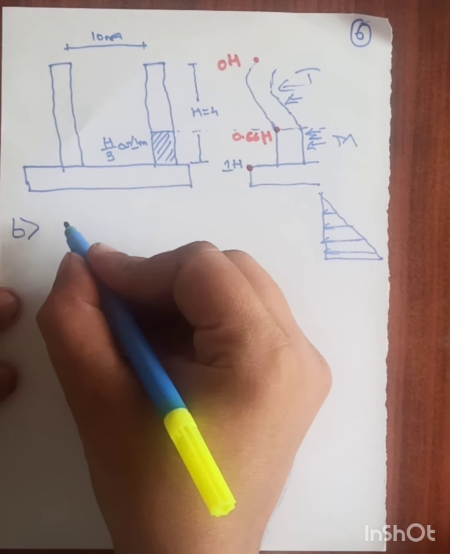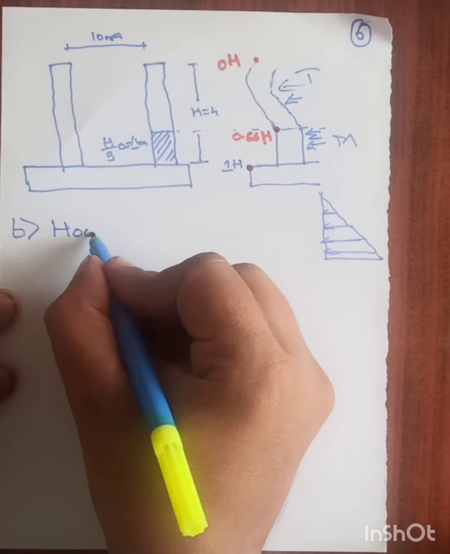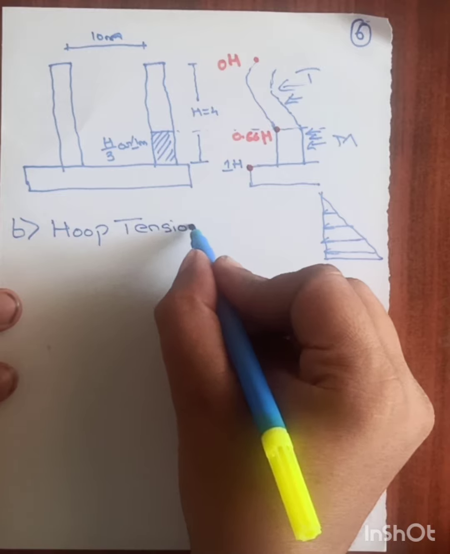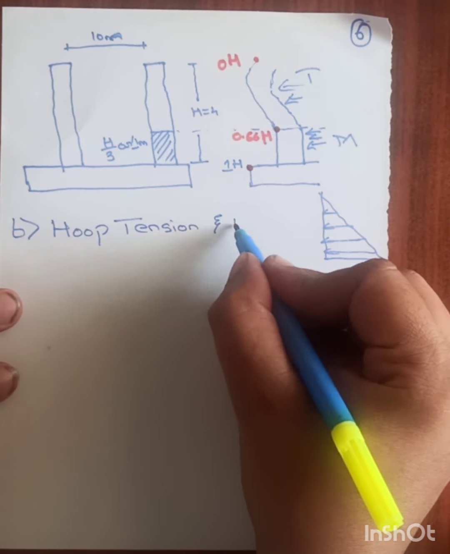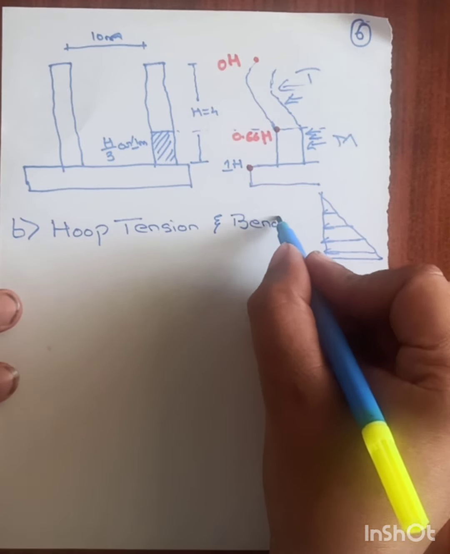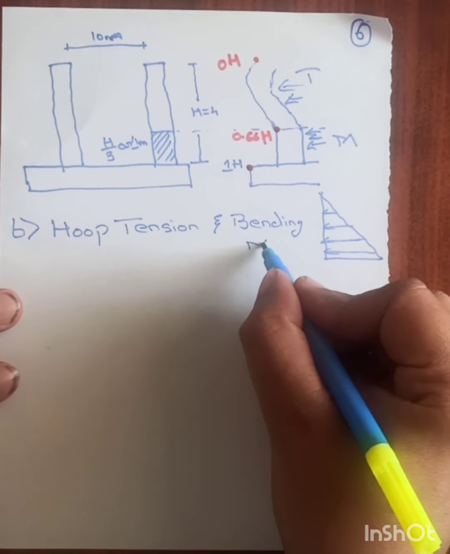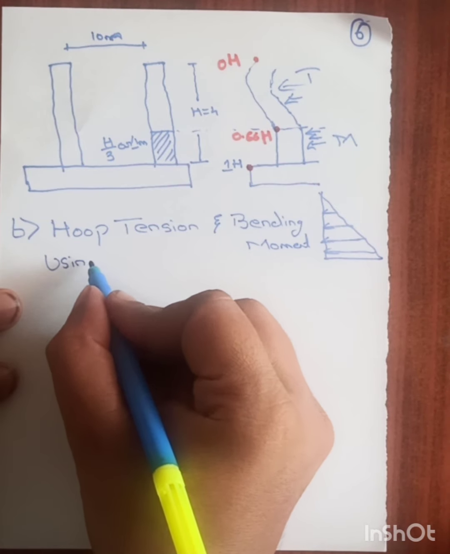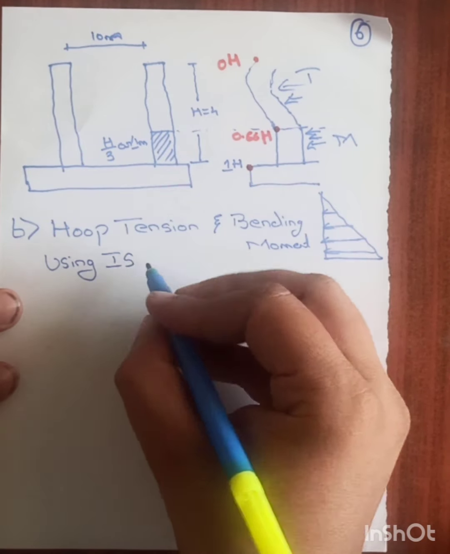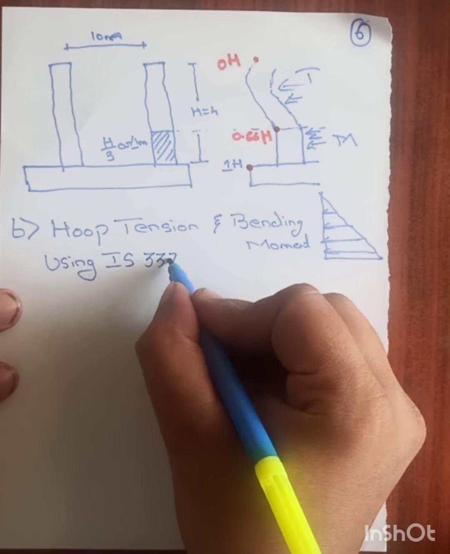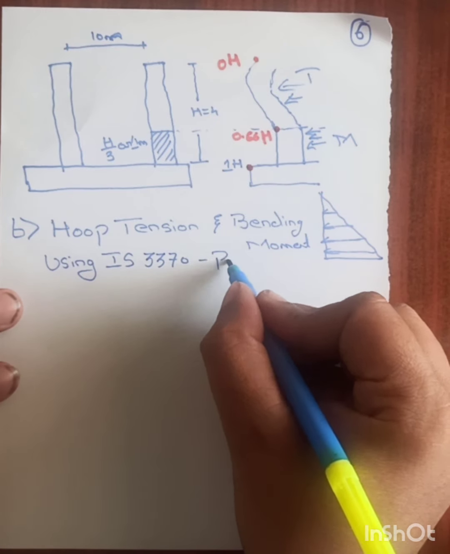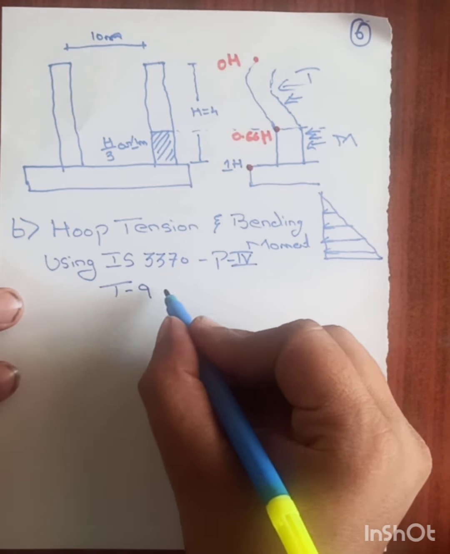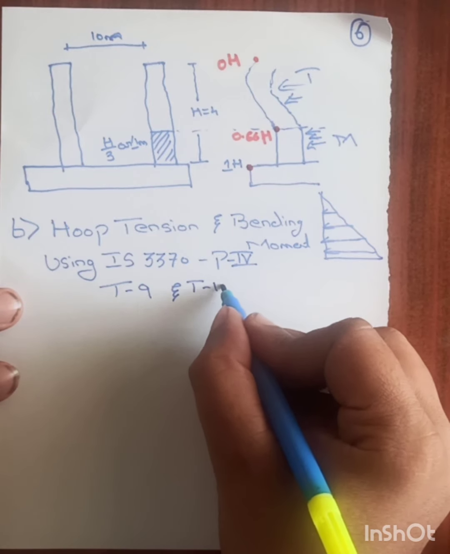So next step, hoop tension and bending moment, using IS 3370 part 4, table number 9 and table number 10.